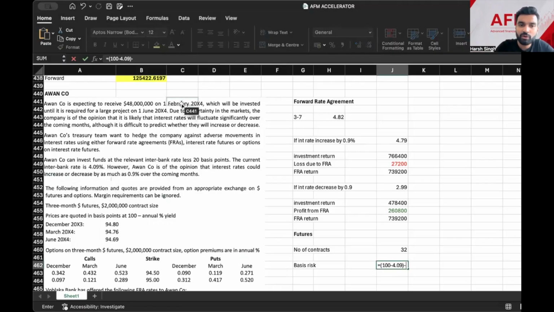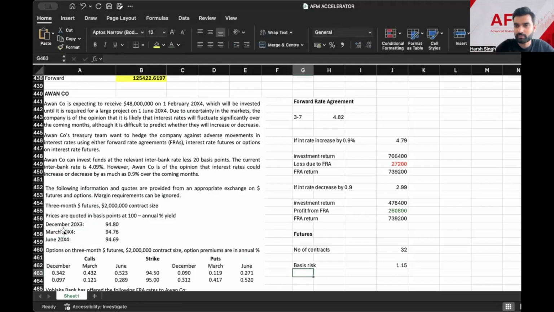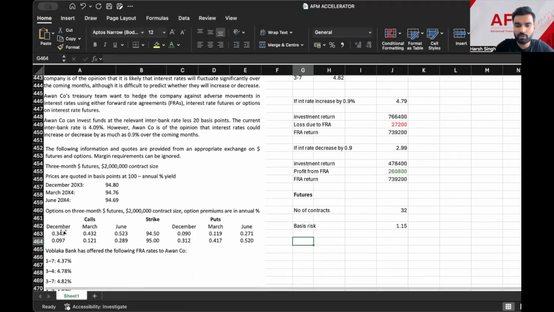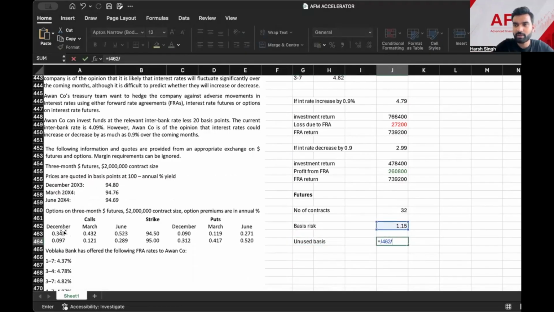Now, I want it for Feb, so I am taking it for March because that is the best option that I have. So I'll subtract 94.76. I get 1.15.